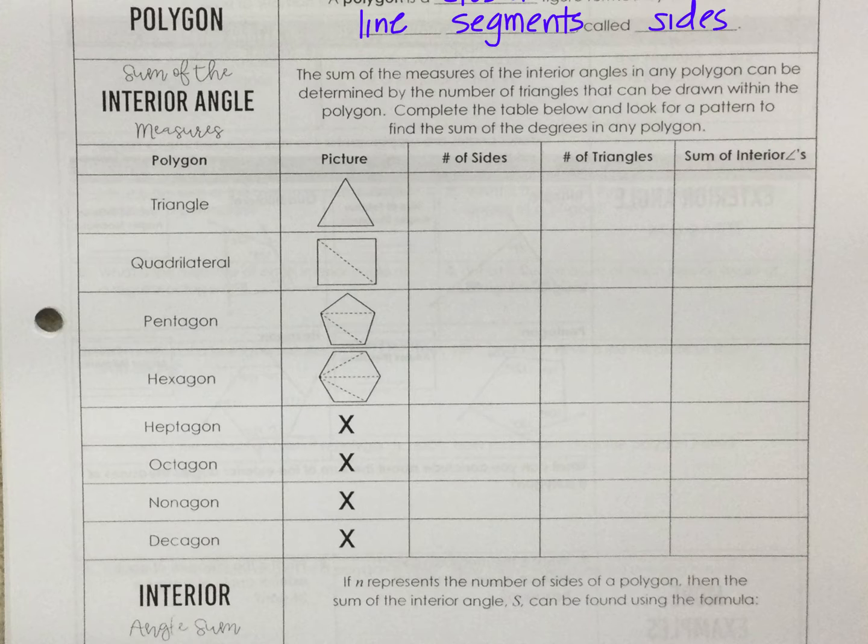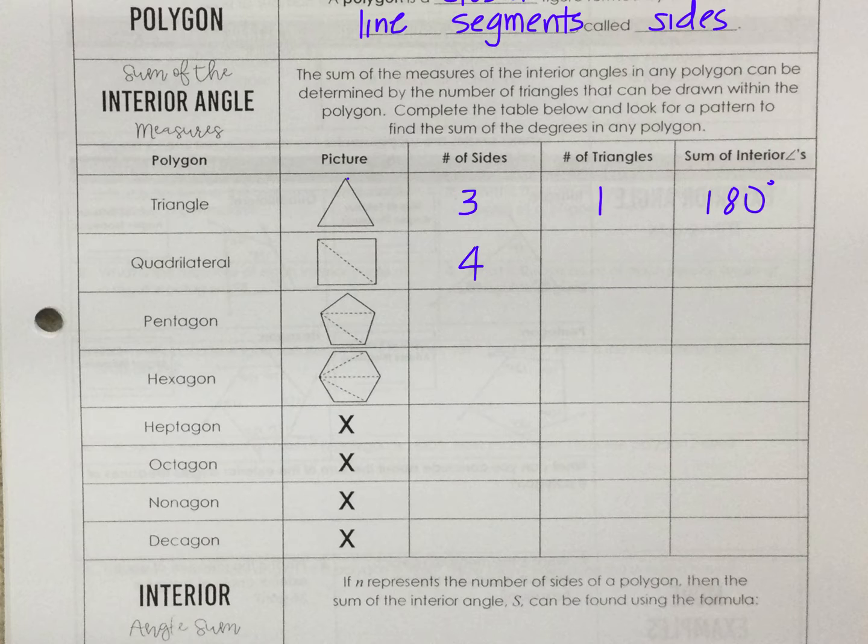If I have a triangle, we know that a triangle has 3 sides, and I can only make one triangle with that triangle, and we know that when we add up all the angles inside of a triangle, we get 180 degrees. A quadrilateral has 4 sides.